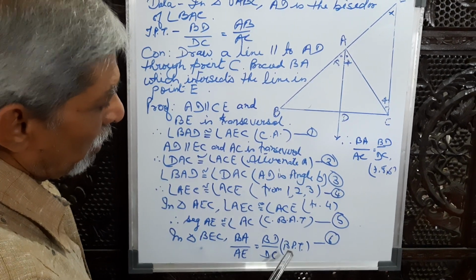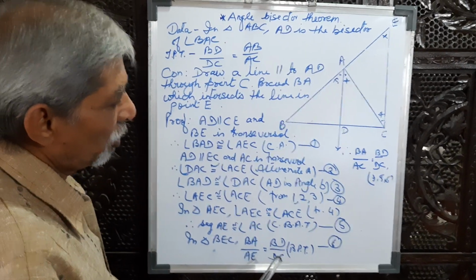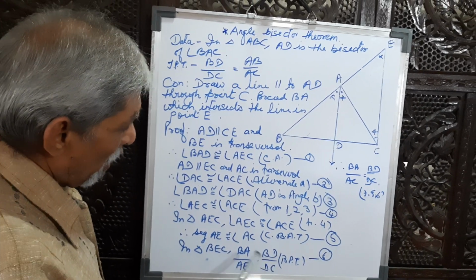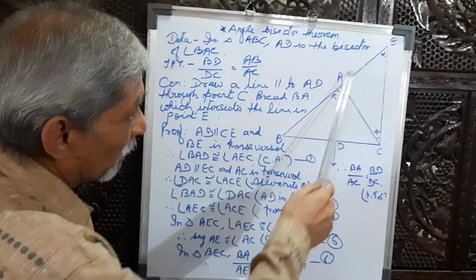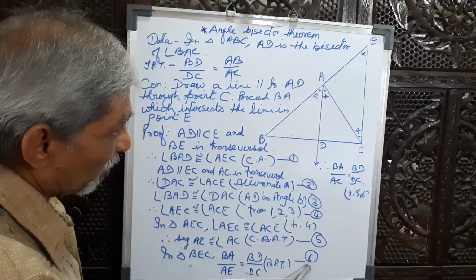Once you have got this equation, you will equate it with AE equal to AC, which you have proved in the isosceles triangle. Equate these two equations, 5 and 6.